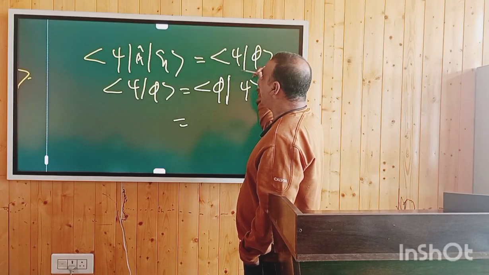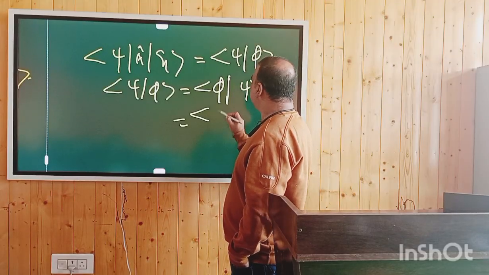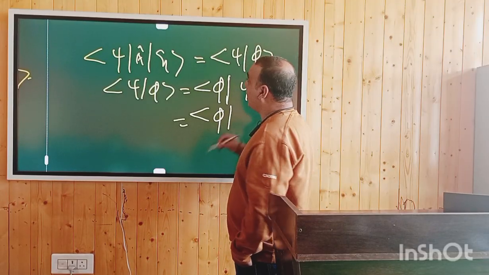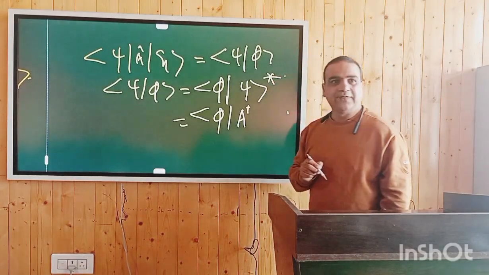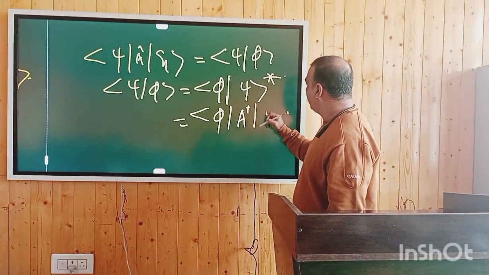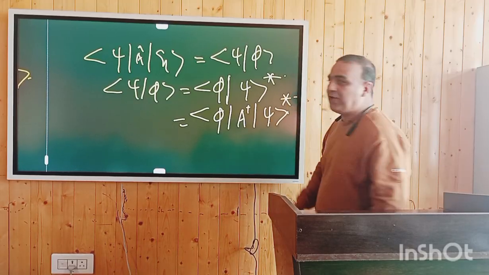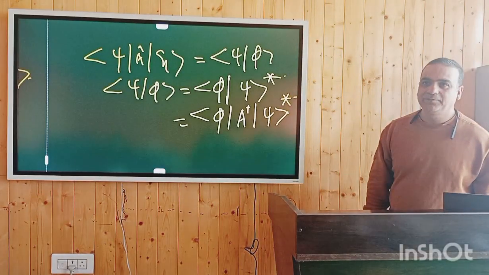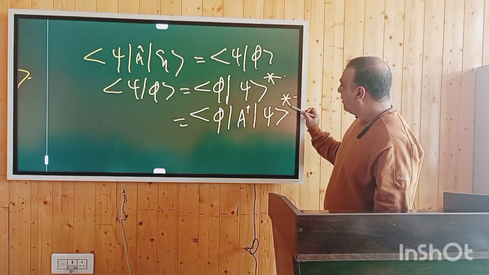This is psi and phi. I'll get phi here, but for A, I will get A dagger. Am I right? And then I have my own psi, but there is a complex conjugate. Clear?